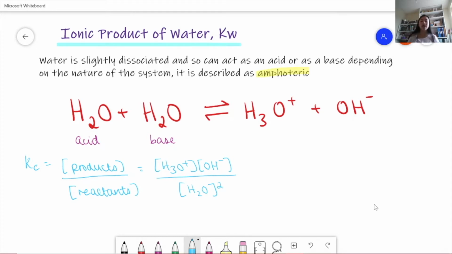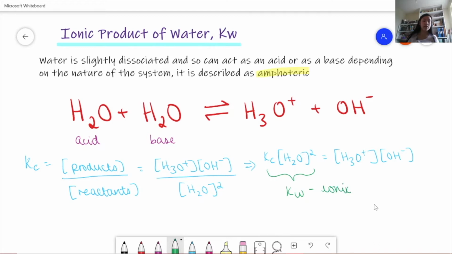However, the concentration of water is actually a constant, and so we can include this into the overall equilibrium constant. Rearranging this, we have Kc multiplied by the concentration of water squared is equal to the concentration of H3O+ multiplied by the concentration of OH-. We call this new constant Kw, and this is the ionic product of water.